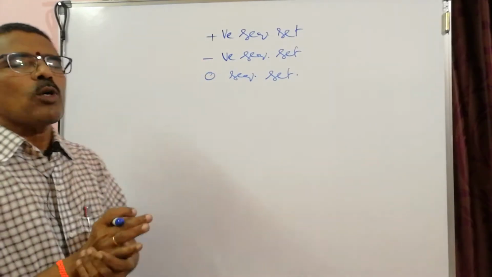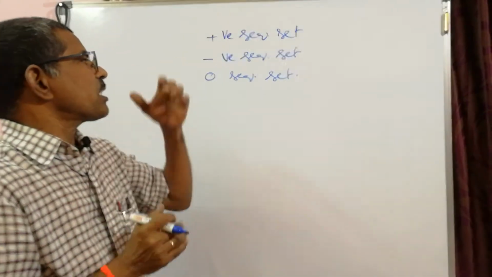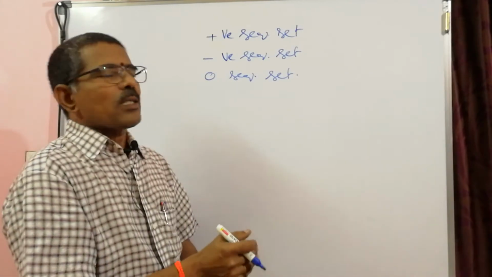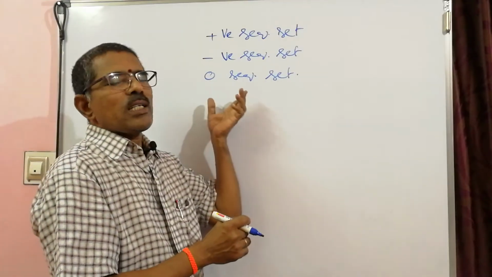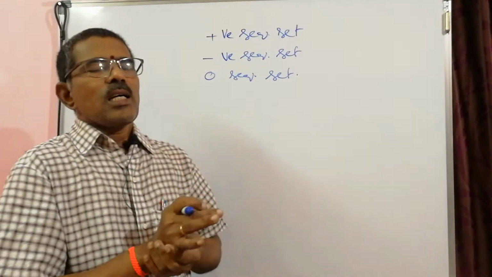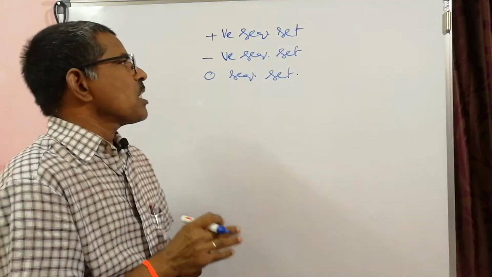The first set is called positive sequence components of the original unbalanced system. The second set is called negative sequence set of the original unbalanced system. Likewise, the third set is called zero sequence set or zero sequence components of the original unbalanced system.